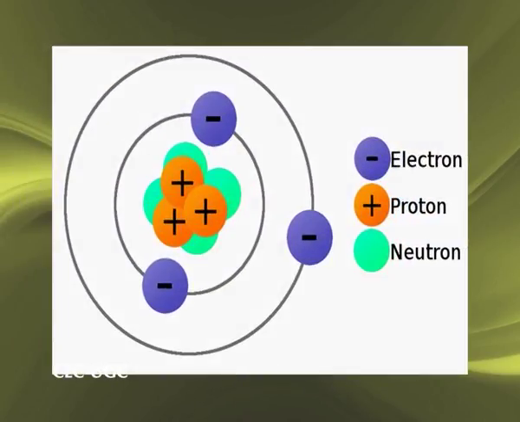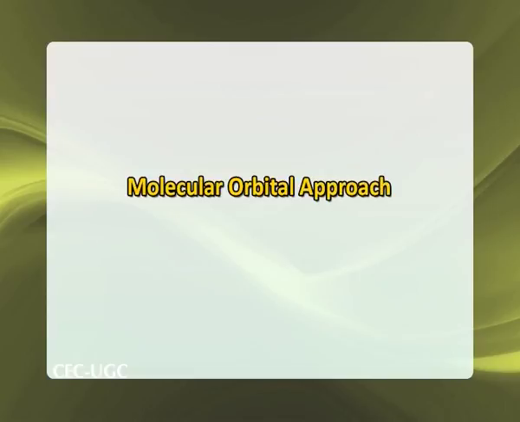The properties of protons, neutrons, and electrons are adequately explained under quantum mechanics. The electronic features of the molecules responsible for chemical alterations form the basis of drug molecule phenomenon. Second is molecular orbital approach.